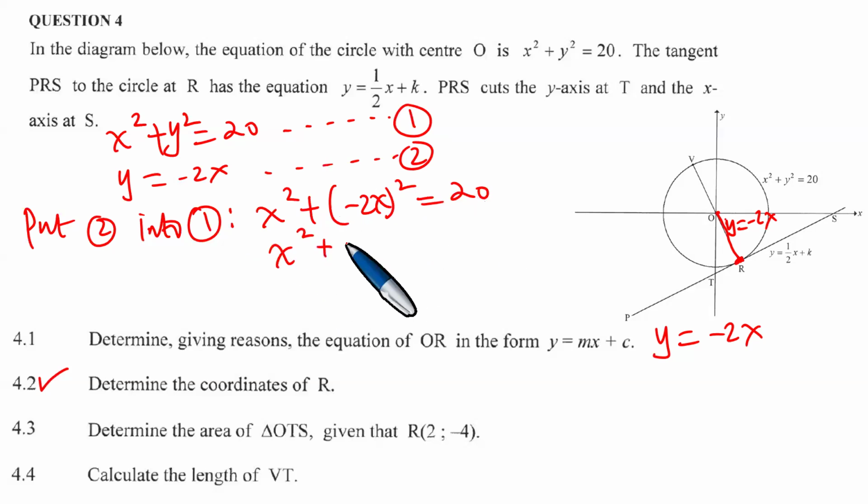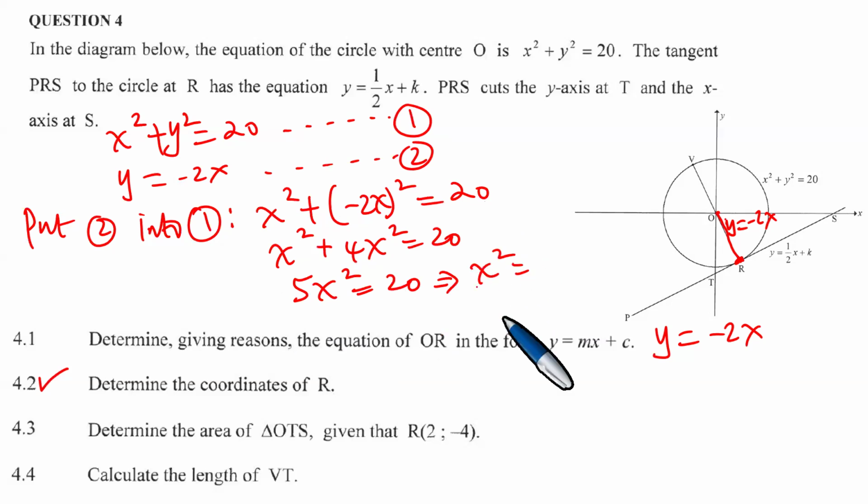x squared plus, if you square minus 2, you get 4x squared equals 20. You have 5x squared equals 20, because x squared plus 4x squared is 5x squared. You divide both left and right by 5.